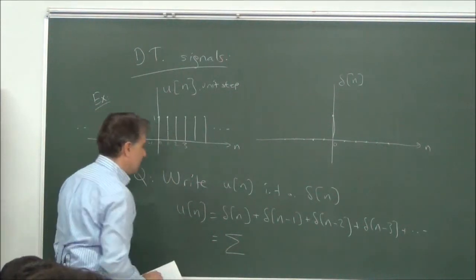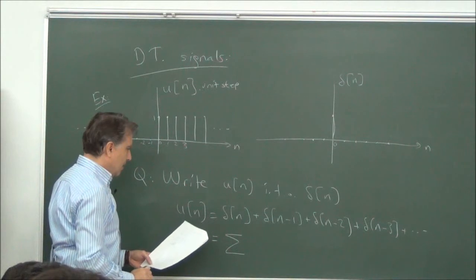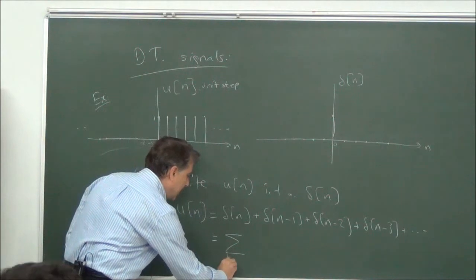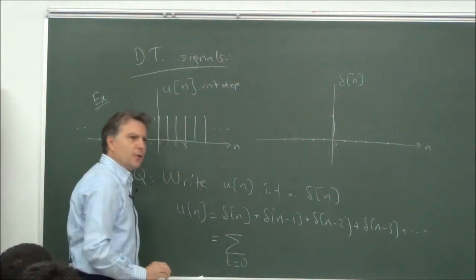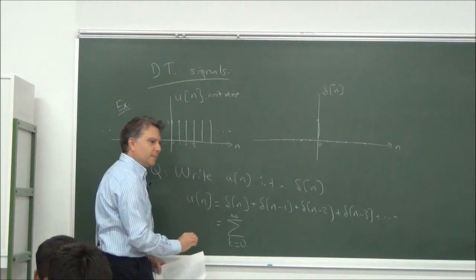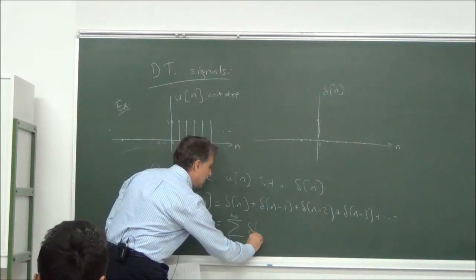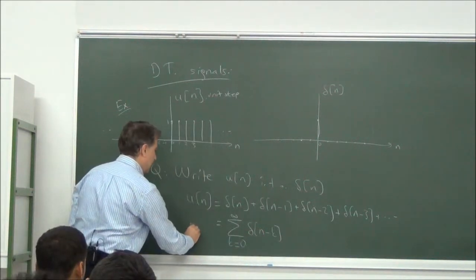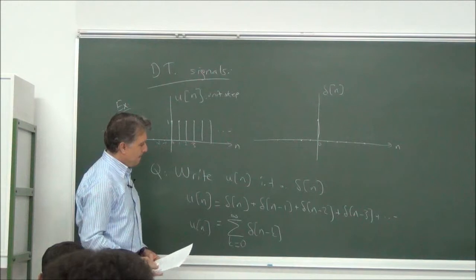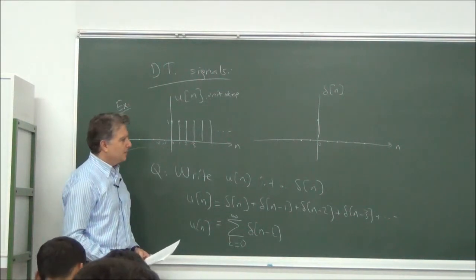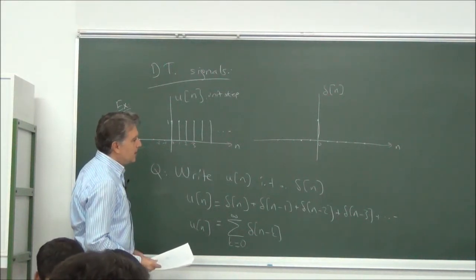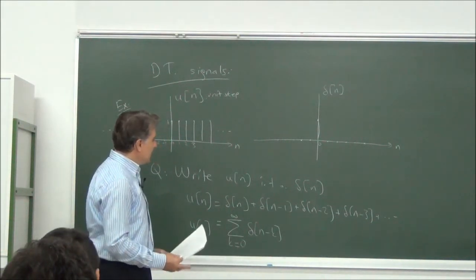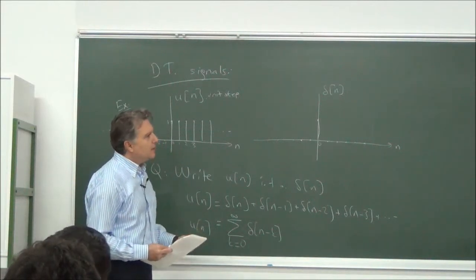It's a summation like what? Let's call it k from 0 to infinity of delta n minus k. All right. We can call it like this. Now, this has a strange similarity.